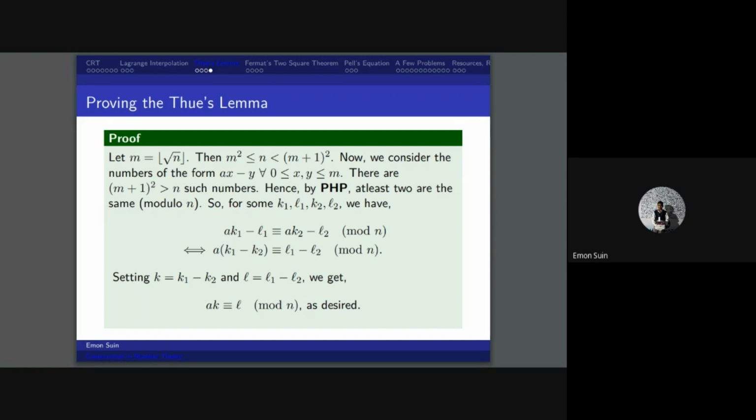Just speak up, no problem. If you're not understanding, just speak up. I mean, see, wait, I will type it down in the chat. When you divide some number by n, you can have remainders from 0 to n minus 1.